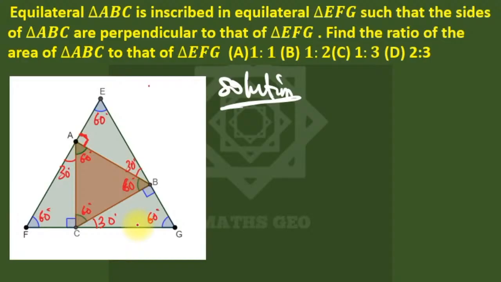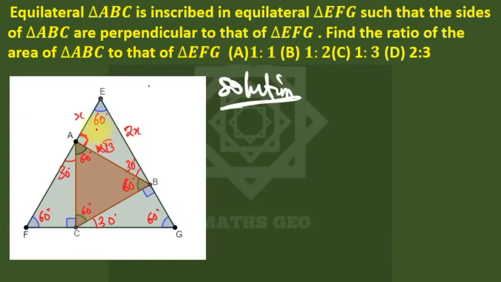Okay. And let's call the smallest side here x. So using our 30, 60, 90 triangle theorem, the hypotenuse here is 2x, while the side here is x times root 3. Remember, 30, 60, 90, the ratio of the sides is 1 is to root 3 is to 2.